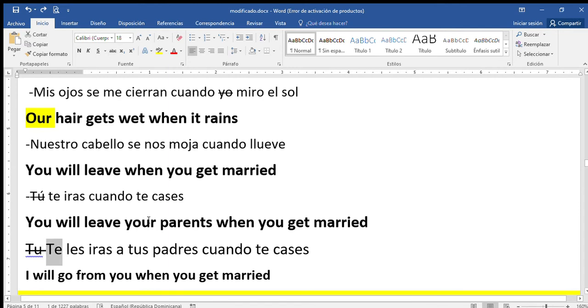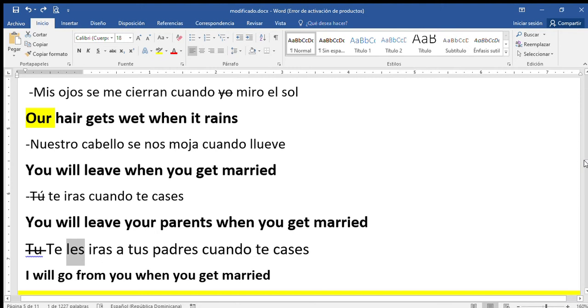Who is leaving from your parents? So tú te les. Les is the corresponding pronoun for ellos or ellas. I said that se is the corresponding pronoun, I'm sorry, for they.